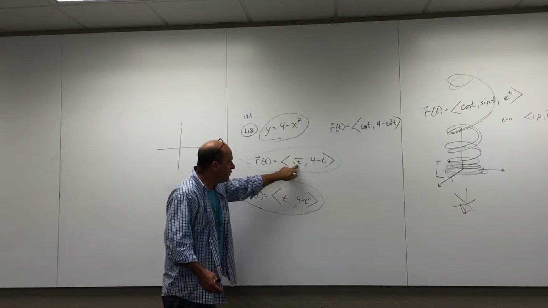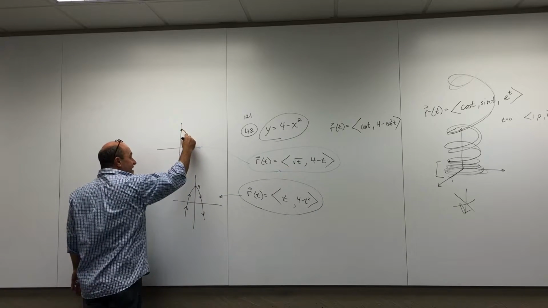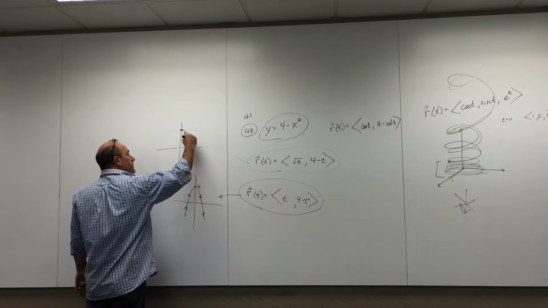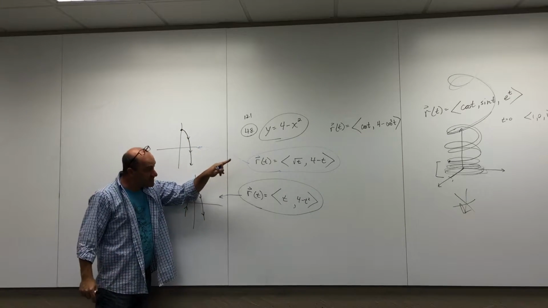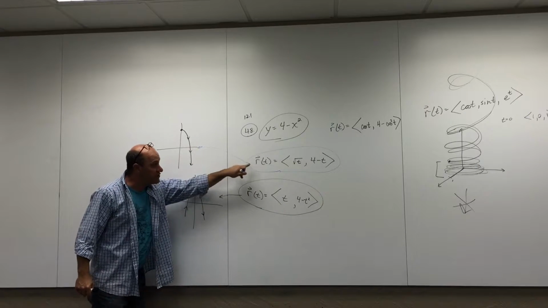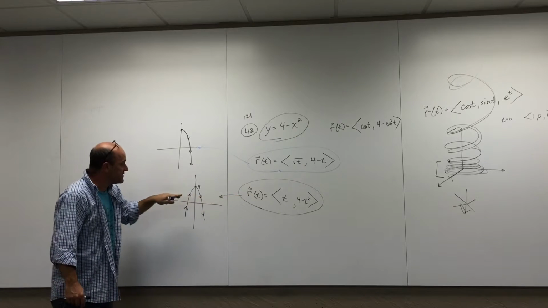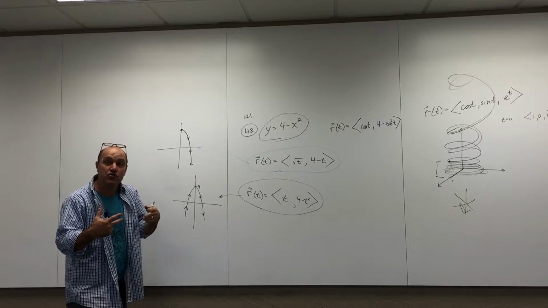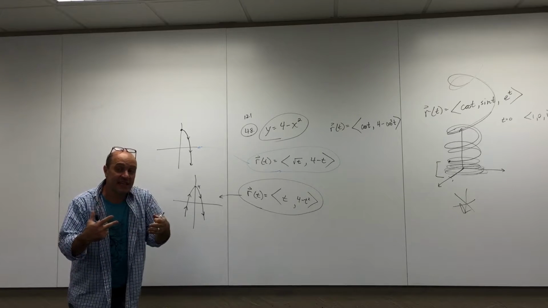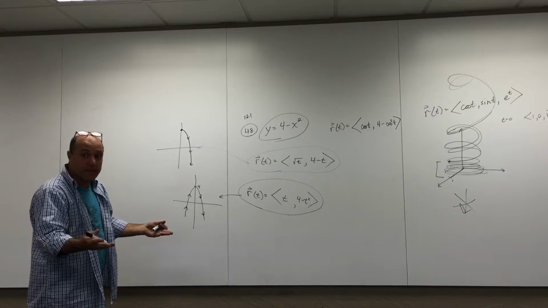Well, that's going to result in, actually, just this half of this parabola. So this vector valued function is this picture. This vector valued function is this picture. So due to the nature of how you parameterize things, you put restrictions on the graph.